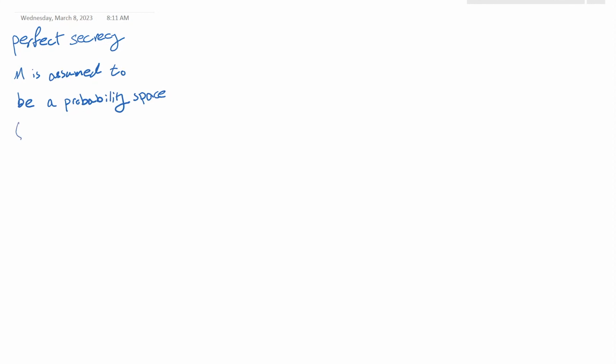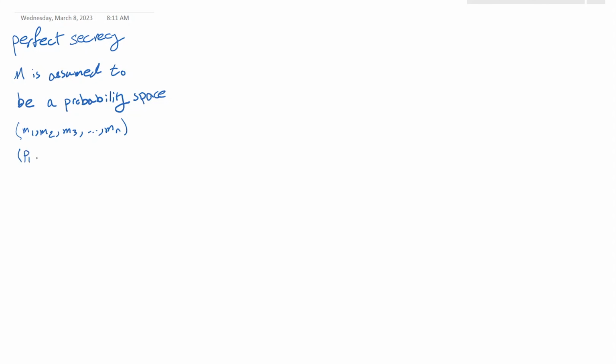That means that if we draw different messages from this message space, which I will call M1, M2, M3, all the way to Mn, n different messages that we can have, each message can come with a different probability.